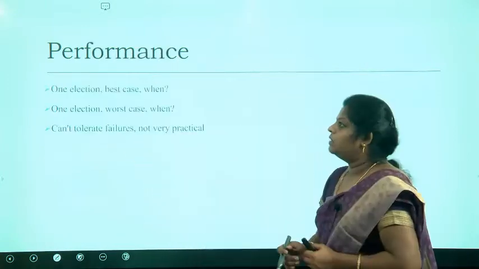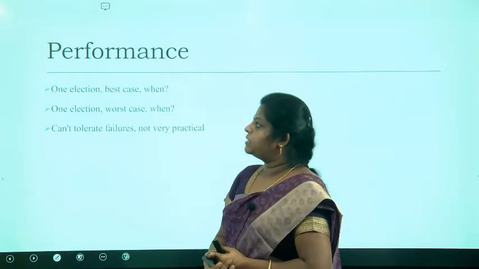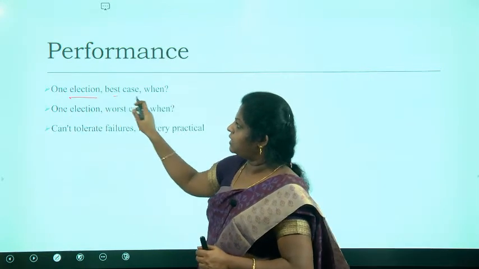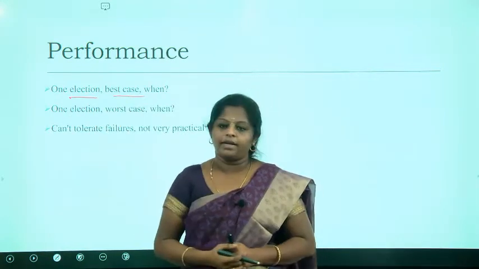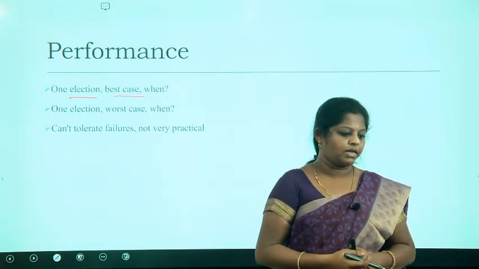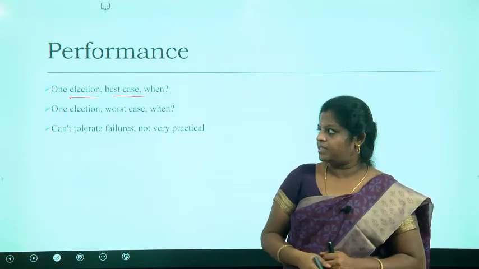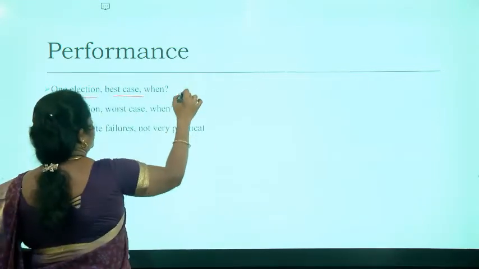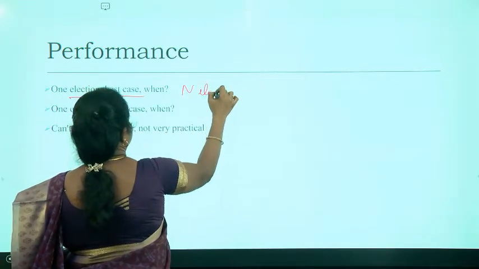So this is also satisfied. Coming to the performance, here we have only one election in the best case. That means how many election messages will we have? n election messages.